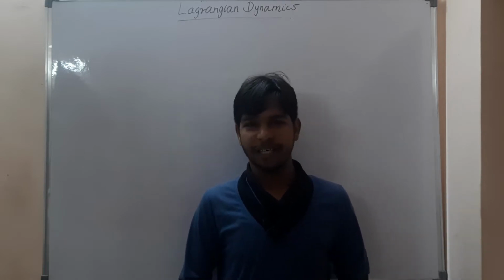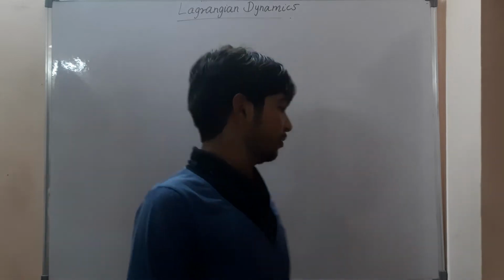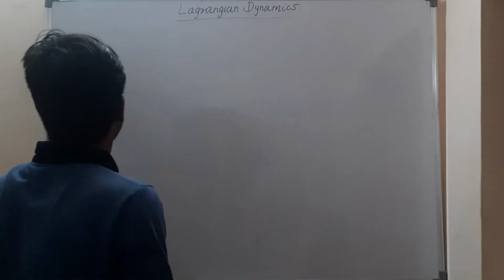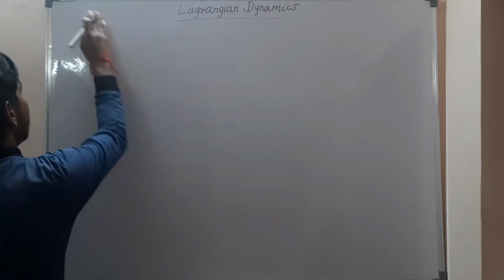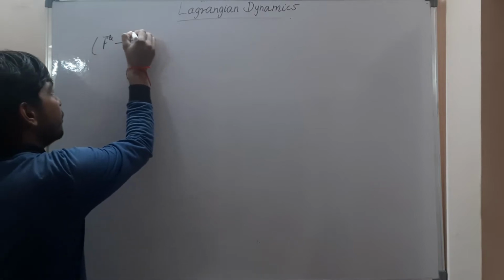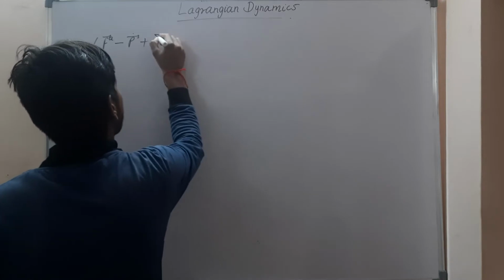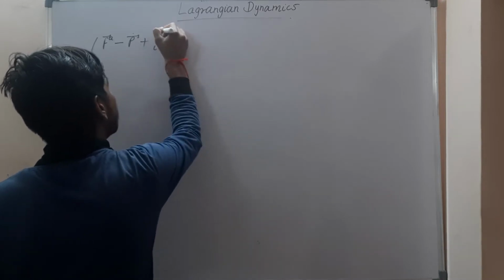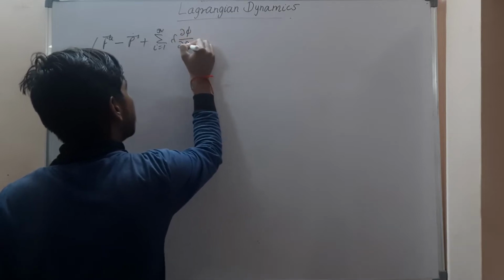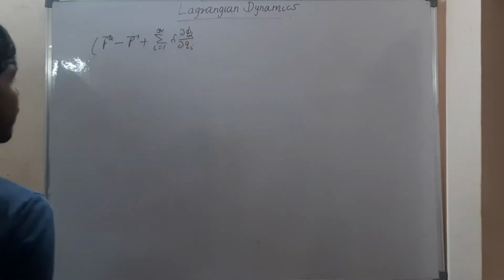So now we are studying Lagrangian Dynamics, and in the last class we saw the Lagrangian equation of the first kind, in which we introduced the D'Alembert principle, which we can apply as minus p dot, and here we added one more term, lambda times the partial of phi with respect to q_i, which we can consider alpha.